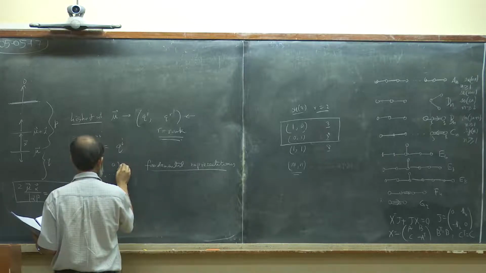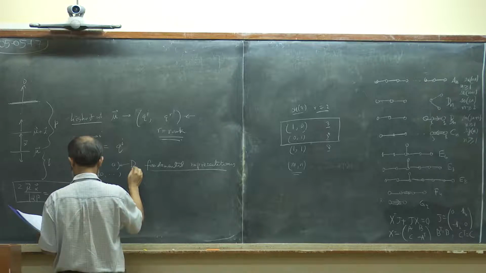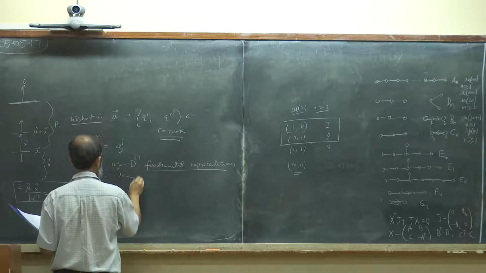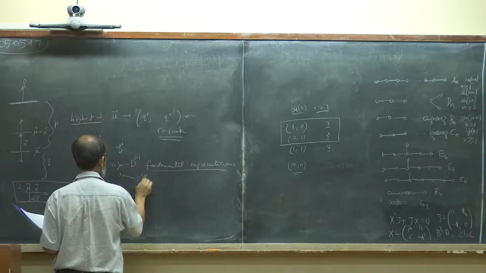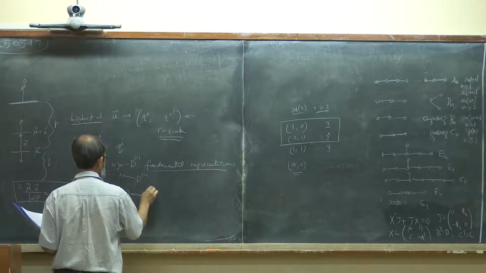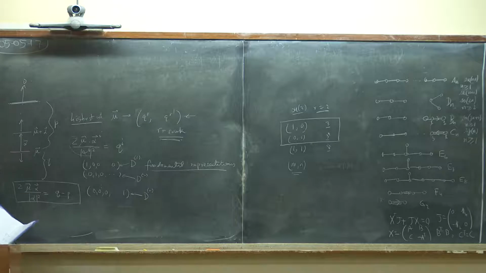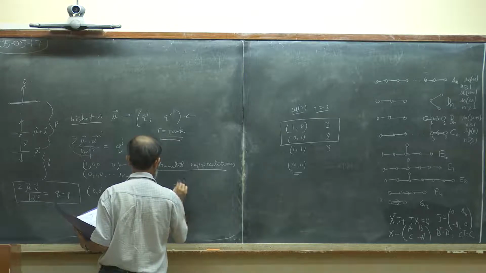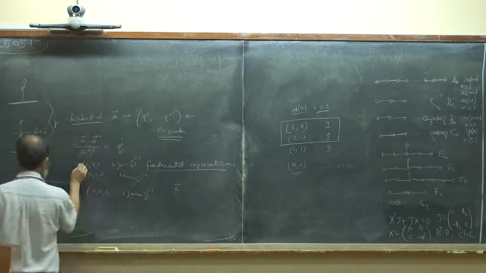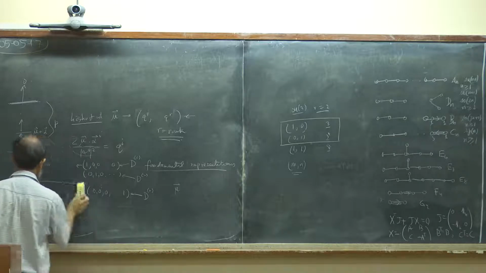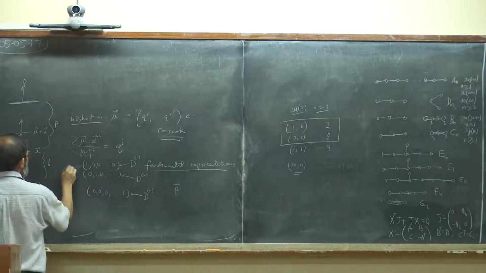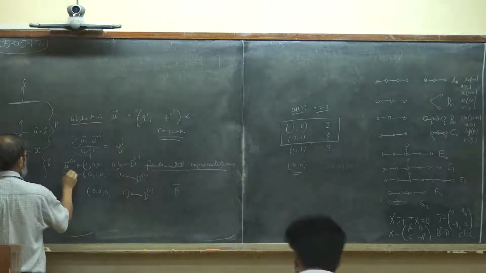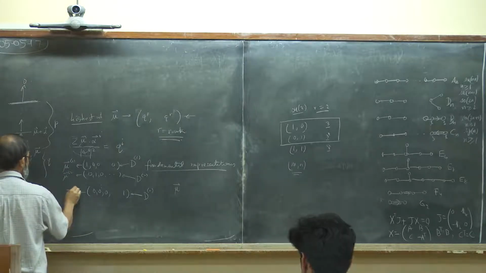Let us say this representation I call D1, this I call D2, and this I call Dr. And the corresponding weights I will call mu 1, mu 2, up to mu r.